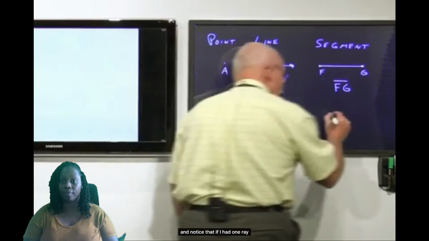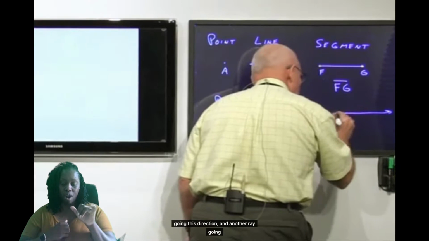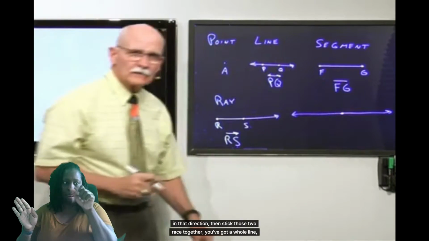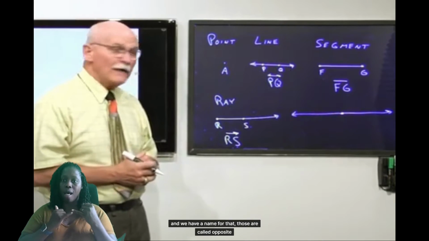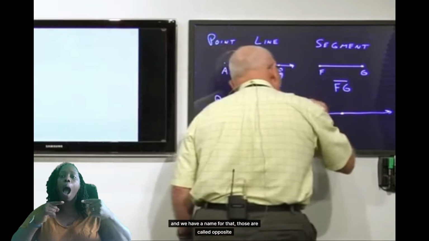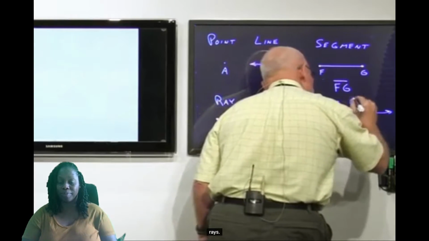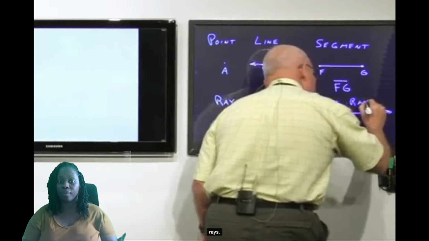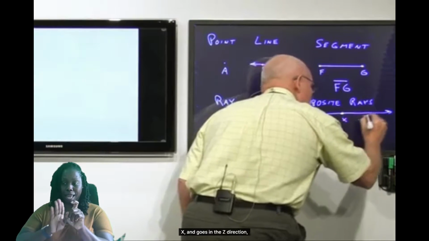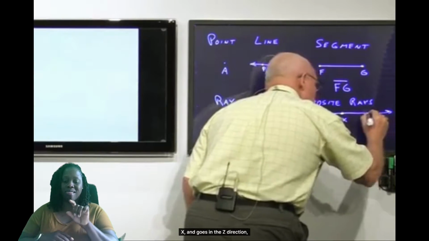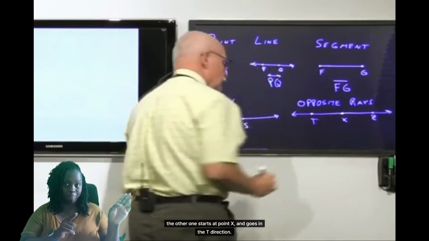And notice that if I had one ray going this direction and another ray going in that direction, then stick those 2 rays together, you've got a whole line. And we have a name for that. Those are called opposite rays. Okay? One of them starts at point X and goes in the Z direction. The other one starts at point X and goes in the T direction.